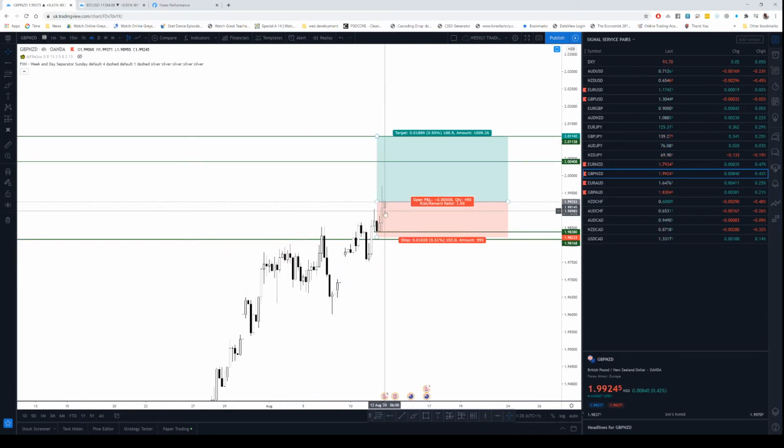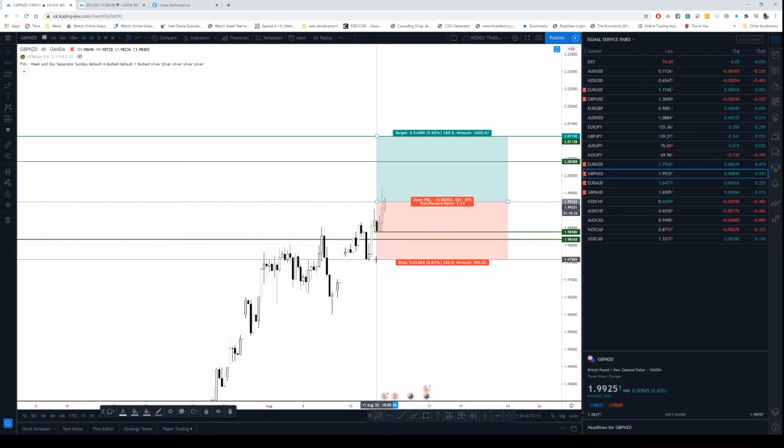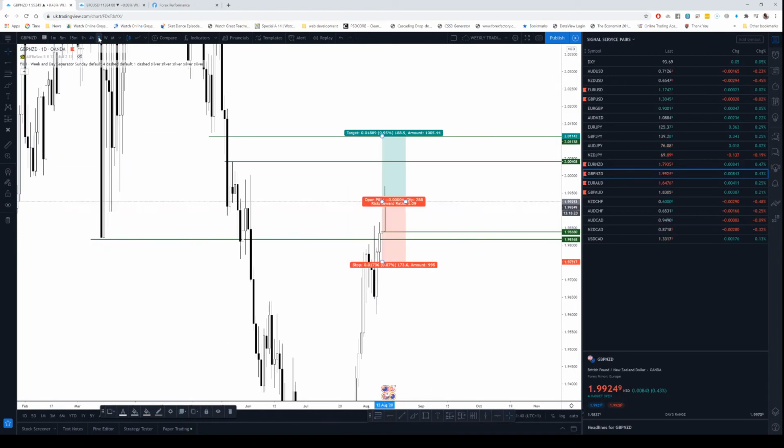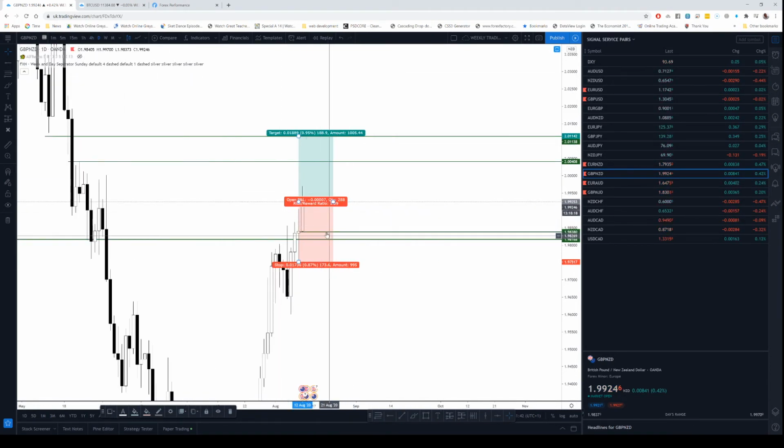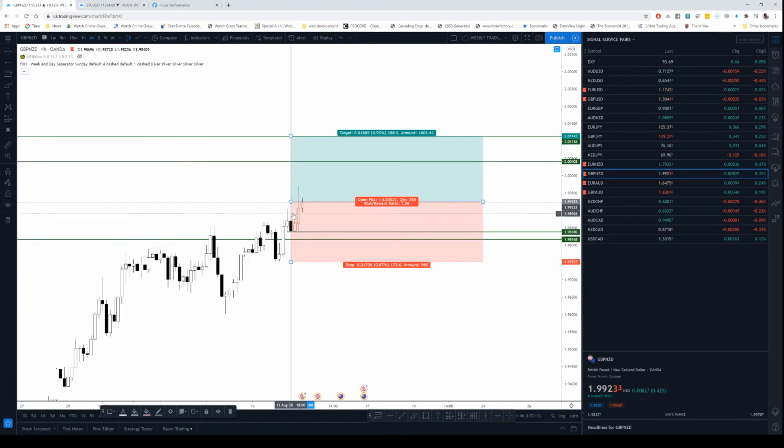Right, or if it does give a retracement, then I will push my stop down here, and then I'll buy below this low. I don't see that happening anyway because the daily has already placed in some rejection. But in case it does, let's say you buy here and then all of a sudden you see a rejection, quickly move your stop down here, right?